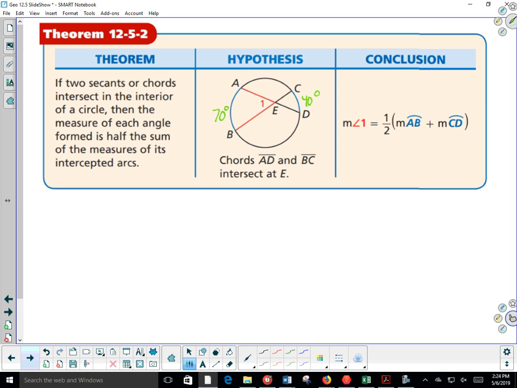If this arc CD is 40 degrees, and this arc AB measures 70 degrees, what would be the measure of angle 1? How'd you get that? I added the two measures of the arcs, and then I multiplied by 1/2. All right, add up the measures of the arcs, that's 110, and multiply by 1/2, and the measure of angle 1 then turns out to be 55 degrees. Are we okay with this? Yeah. All right, that's how that one works.